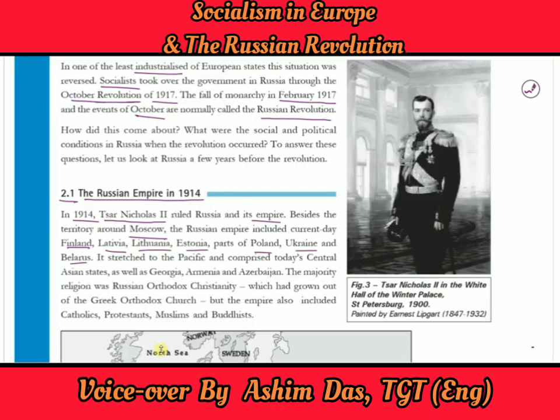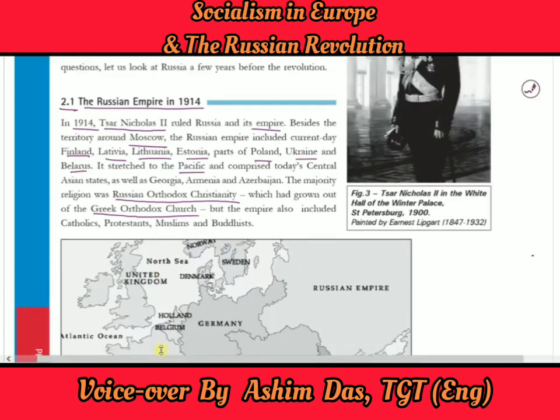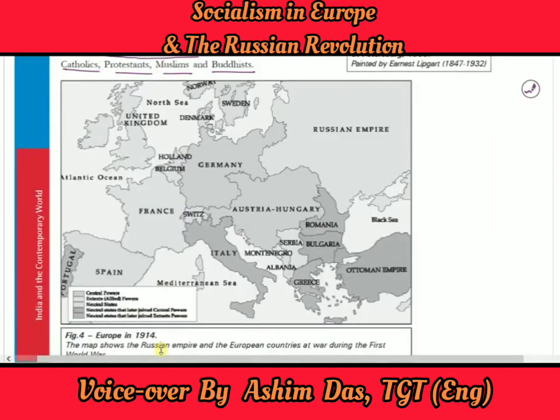So these are the various areas, which presently are states and countries, but at that time all of these were included in the Russian Empire. The Russian Empire stretched to the Pacific Ocean and comprised today's Central Asian states also, like Georgia, Armenia, Azerbaijan, etc. The majority religion was Russian Orthodox Christianity, which had grown out of the Greek Orthodox Church, but the empire also included Catholics and Protestants, the two parts of Christianity, and also Muslims and Buddhists.